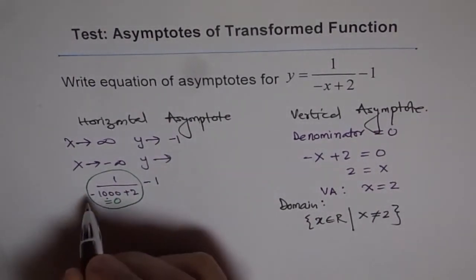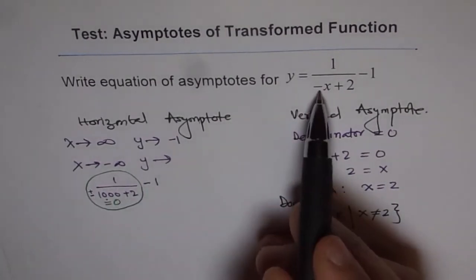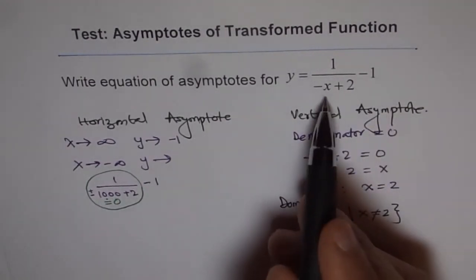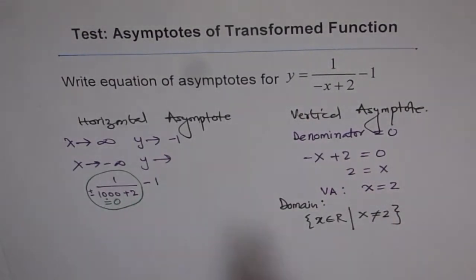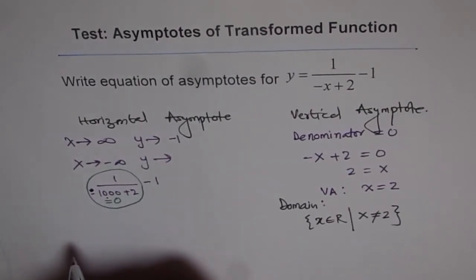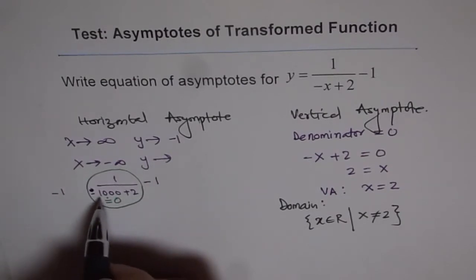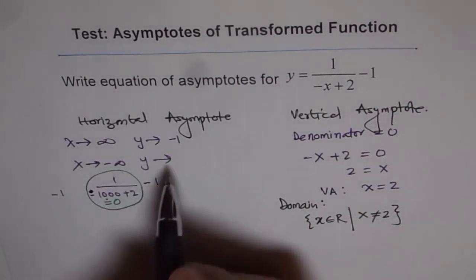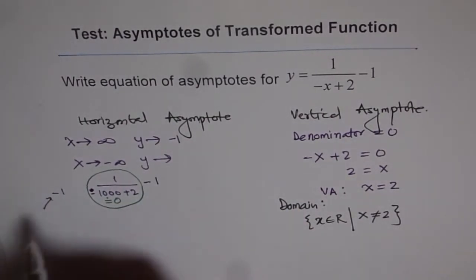If I put plus 1000 here, which made it minus, we approach minus 1 but we are shy of it from the bottom side.